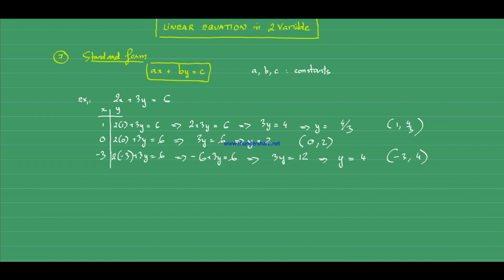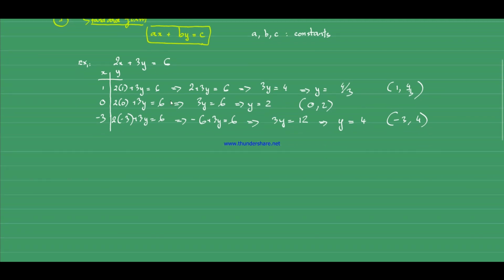Actually, we just need 2 points to draw a line. We don't need this point because it's kind of hard to snap the point at 4 over 3. So I'm just going to use this point and this point, and put them on the coordinate system. You will see that we have (0, 2), which is right over here.